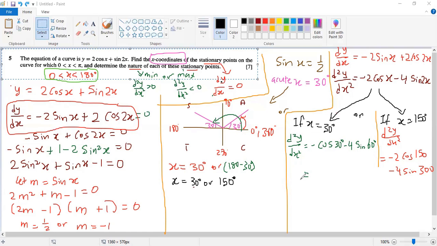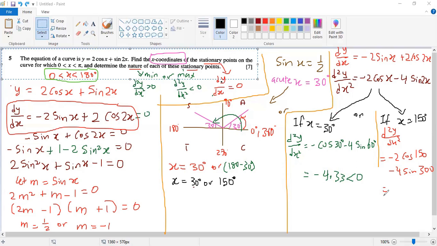For the left branch, negative 2 cos 30 minus 4 sin 60. My calculator tells me that this is about negative 4.33. So this is less than 0, negative. Okay, let's look at the other side at the same time, please.